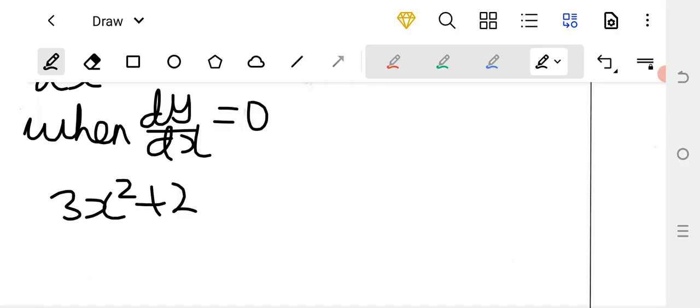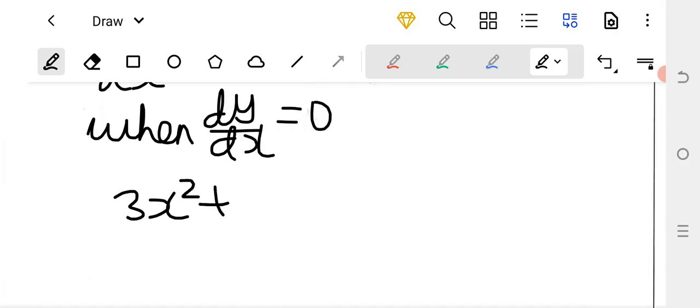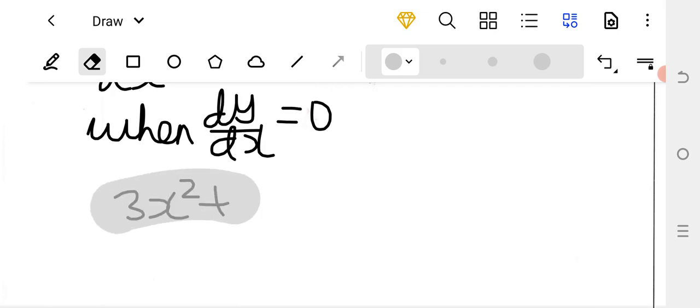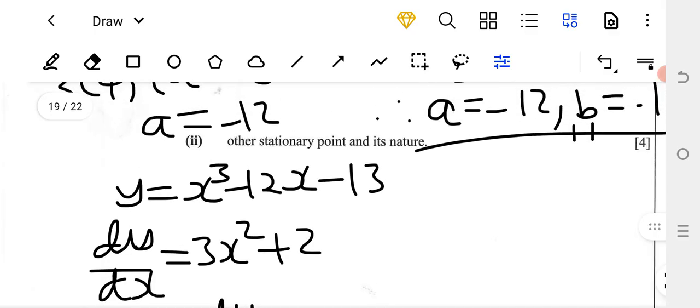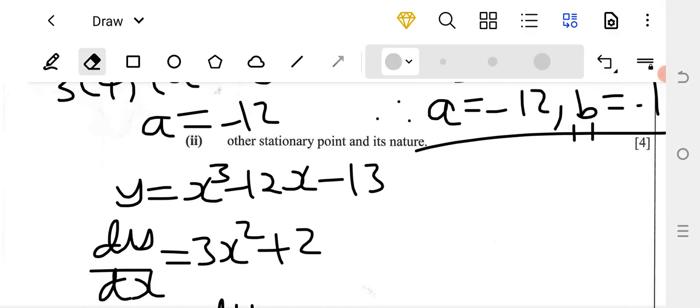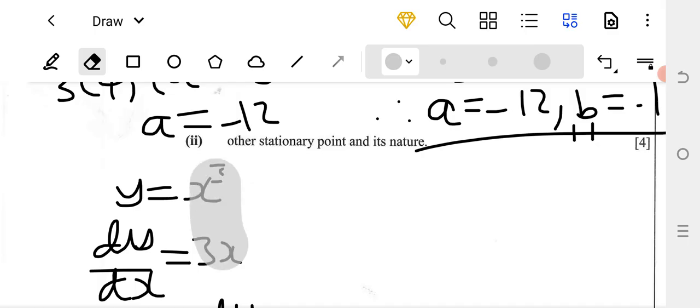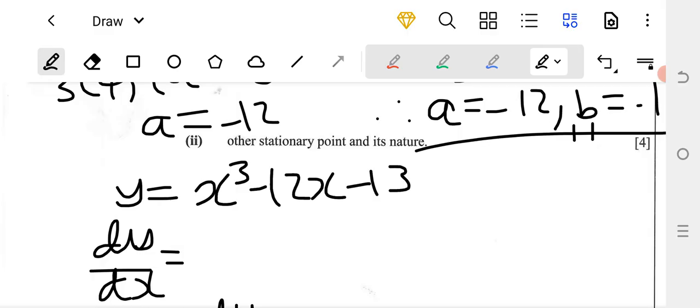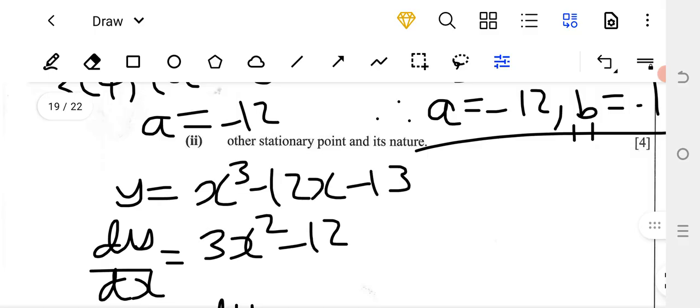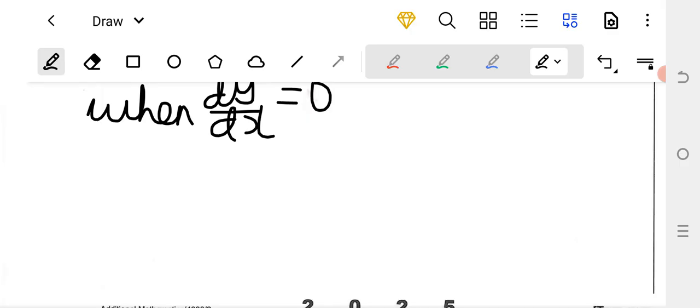Oh, what am I saying? Not plus 2. This is not the equation. Sorry for that. It's actually supposed to be x cubed minus 12x minus 13, which will become 3x squared minus 12. So 3x squared minus 12 is equal to 0.